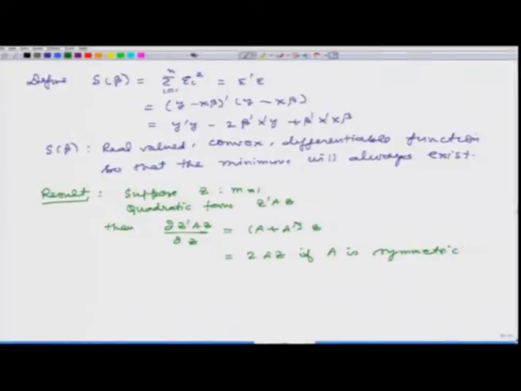So, we are going to differentiate the function S beta, and during this process we are going to use this result, right. So, if we partially differentiate S beta with respect to beta, we get twice X transpose X beta minus twice X transpose y, right. So, from here I can obtain the normal equation by setting the partial derivative of S beta with respect to beta equal to 0, right.